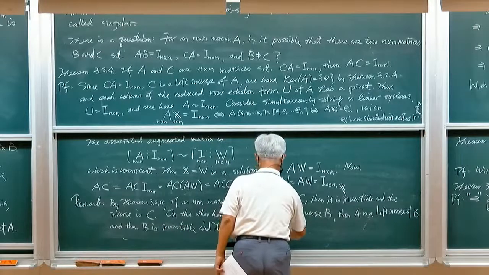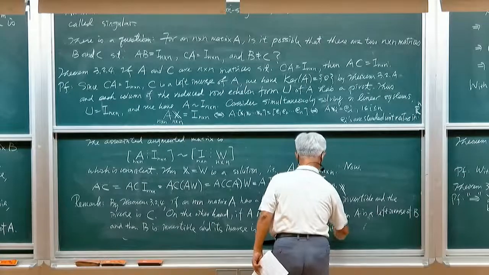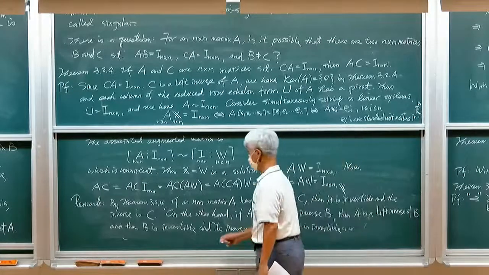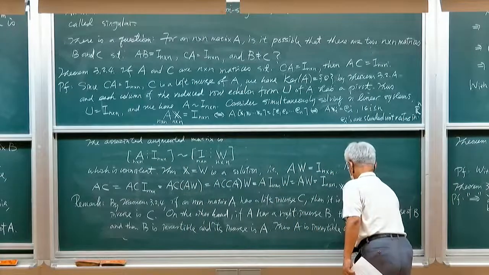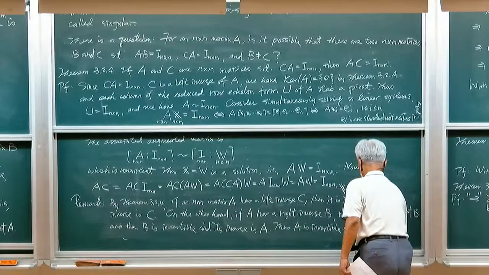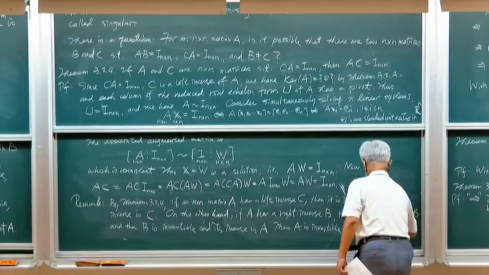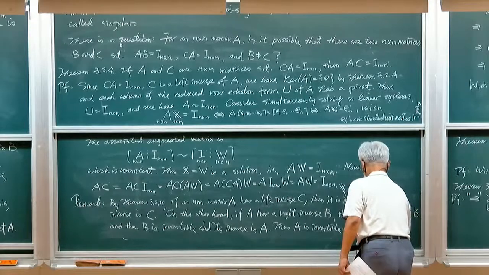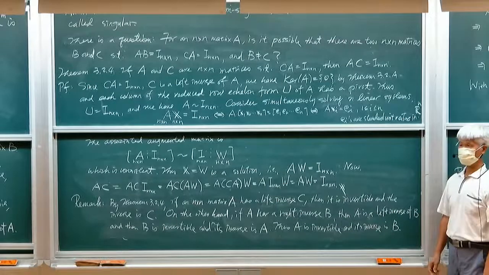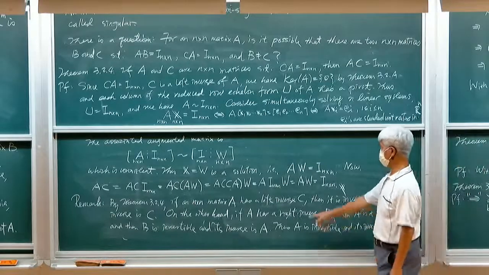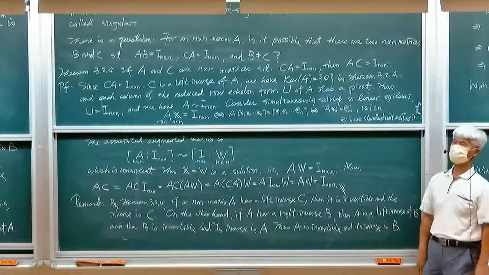Thus, A is invertible and its inverse is B. So again, if A has a right inverse B, then A is invertible and its inverse is B.